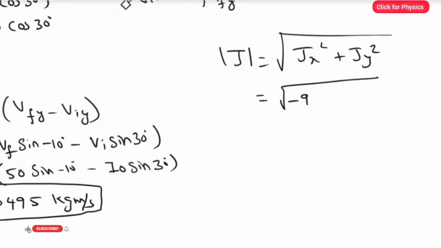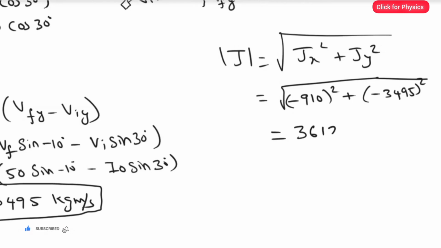So minus 910 square plus minus 3495 square. So here, let's see what is the answer. We can write 3612 kilogram meter per second.